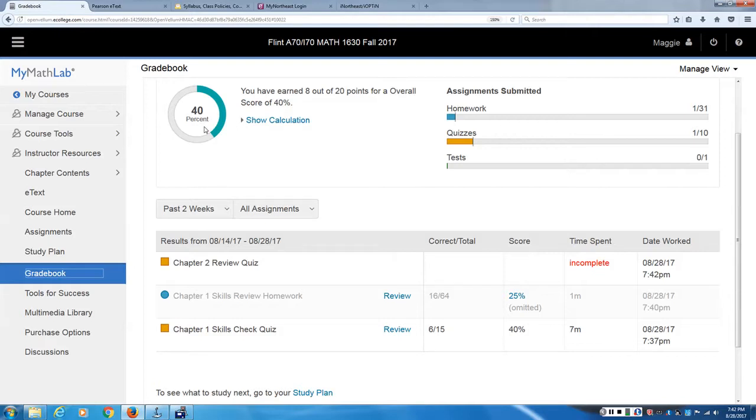Anytime you want to know where you stand in class right now today, send me a message on Remind, and I'll print you out a grade report from my grade book that has everything in it. And after every test, I give you a grade report that tells you exactly where you're standing at that point in this class.